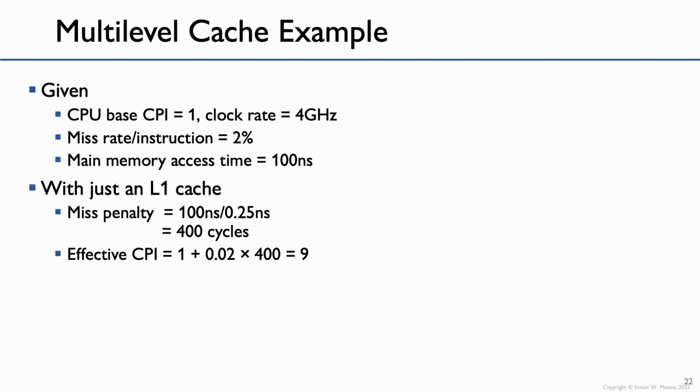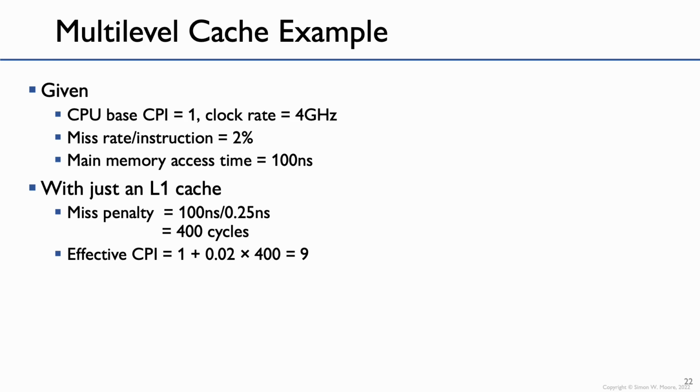So with just an L1 cache, the miss penalty would be 100 nanoseconds divided by the cycle time, which is 400 cycles. If we assume that we just get a single cycle access to the L1 cache on a hit, we then get the effective CPI as follows.